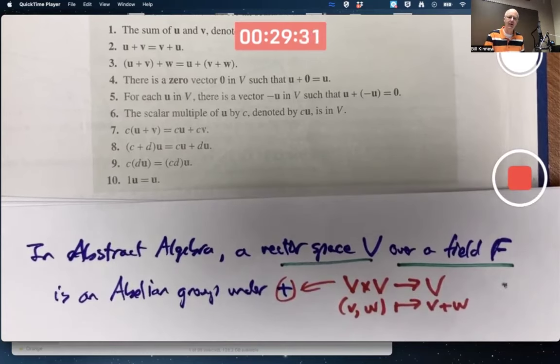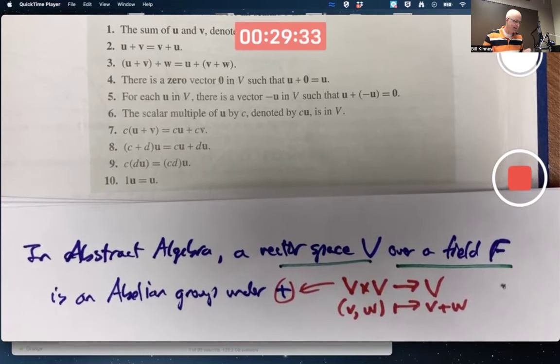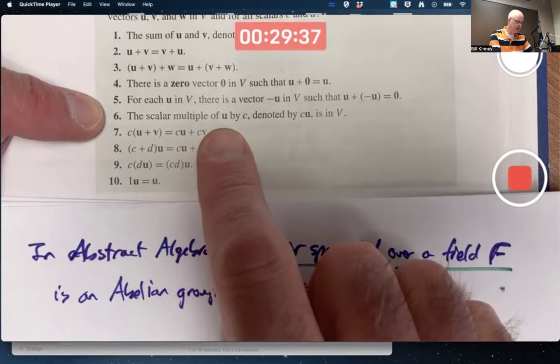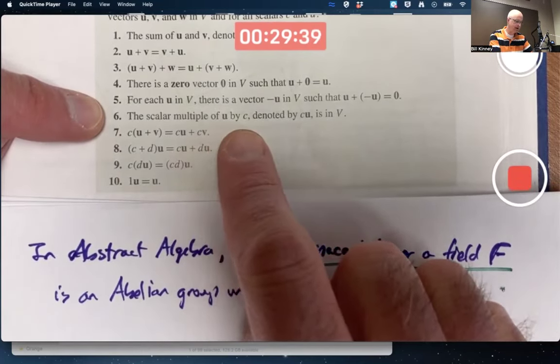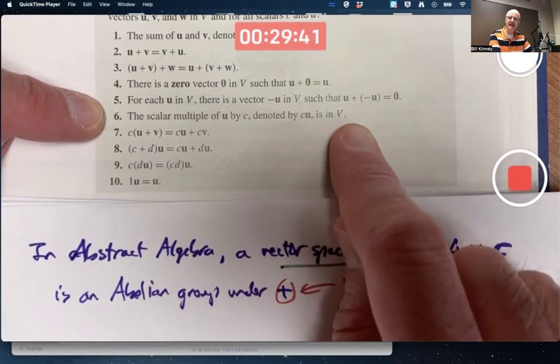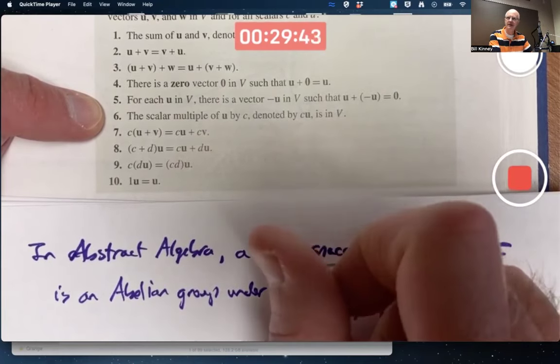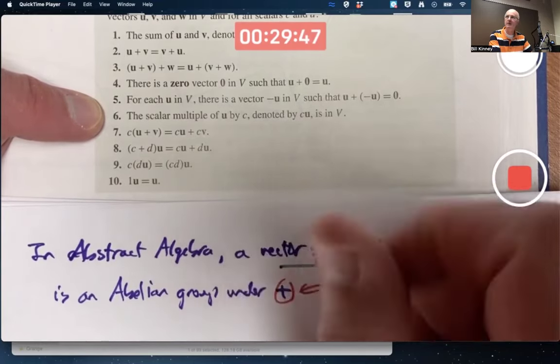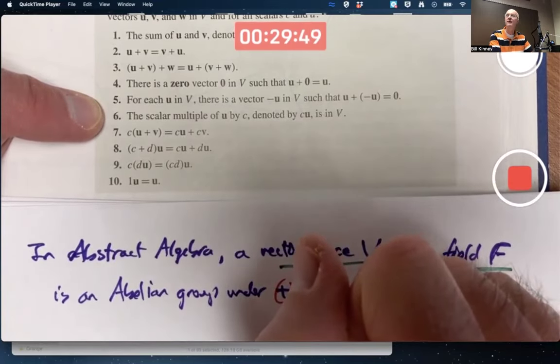But no, that's not quite right. Because when you look at property 6, the scalar multiple of U by C, denoted C times U, is in V. C is not an element of V. It's a scalar, it's an element of the real numbers in linear algebra, or the field here in abstract algebra.